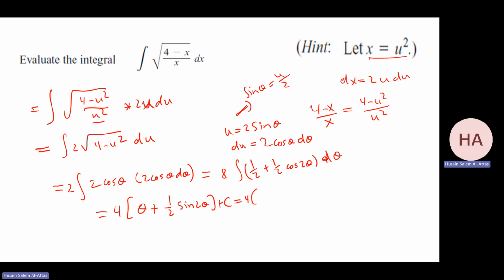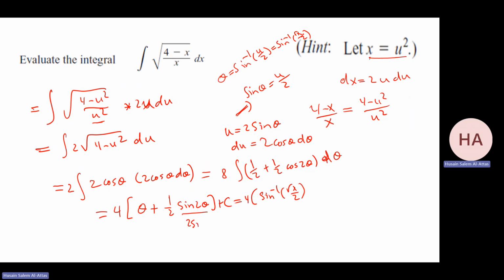Wait a minute. Don't rush it. So sine theta equals u over 2. So I have theta will be sine inverse u over 2, which is sine inverse the square root of x over 2. So I have sine inverse the square root x over 2.